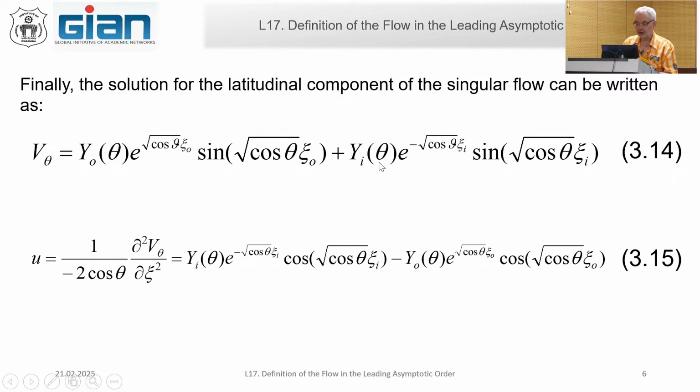And the same holds here, but I should stress that here there is a minus sign, because this component of the stretched variable was defined in the same way as there. From the outer layer, to go outside the layer, we should go in the direction of smaller r. But here, to go outside from the boundary layer, we should go in the direction of larger r, because this is the inner boundary.